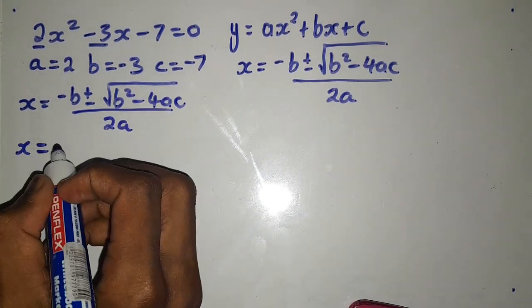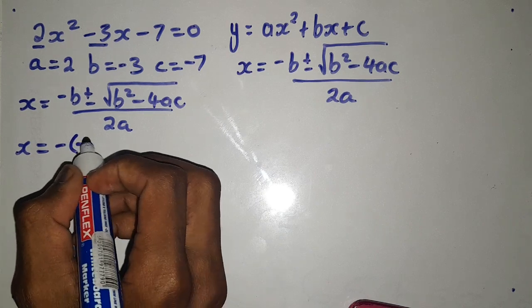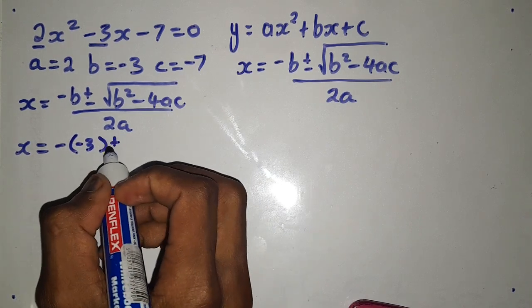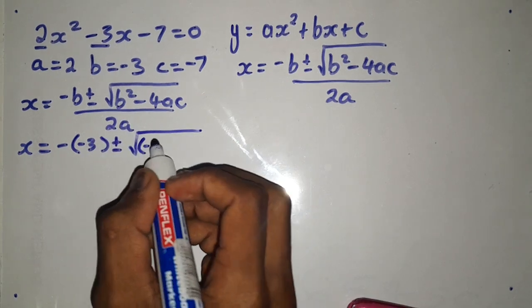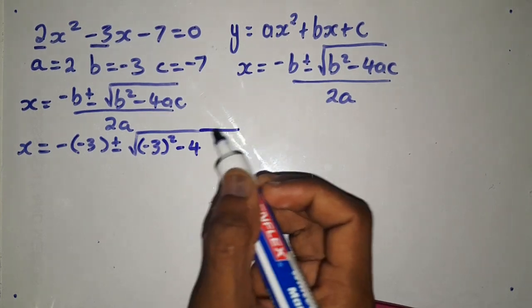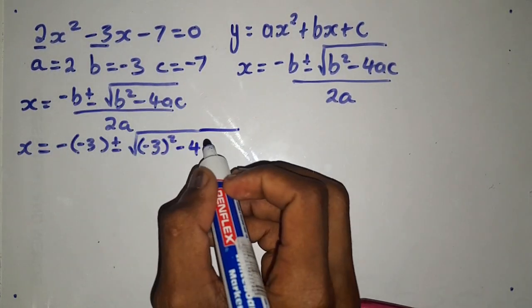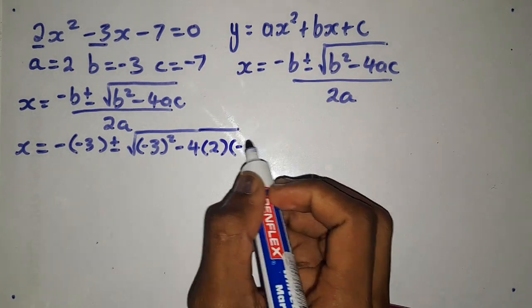Let us substitute our values. For b, it's minus 3, so minus minus 3 plus or minus the square root of b squared, which is minus 3 squared, minus 4, the value of a is 2, the value of c is minus 7.